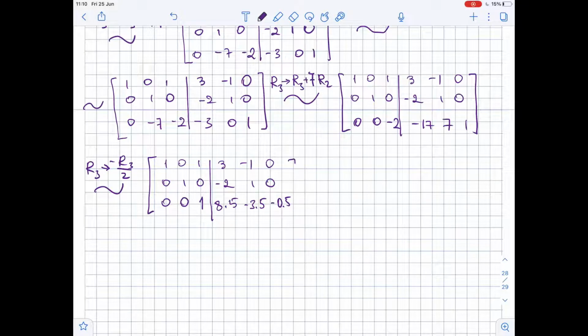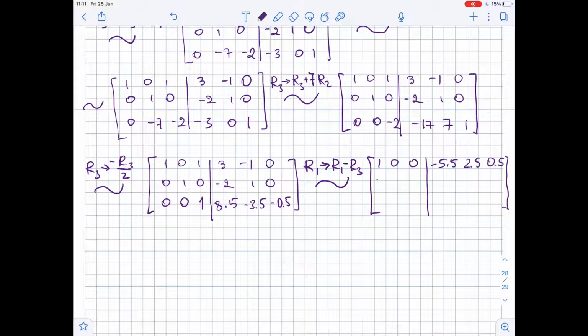In the next step, we subtract the third row from the first row. So instead of the first row, we will get R1 minus R3. And here it's 1, 0, 0, negative 5.5, 2.5, 0.5, then 0, 1, 0, negative 2, 1, 0, and 0, 0, 1, 8.5, negative 3.5, negative 0.5.